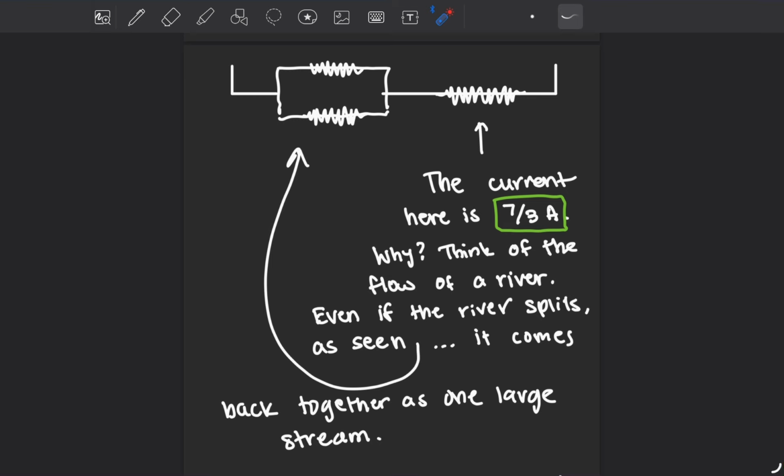I have this little analogy here of the flow of a river: it's going to split into two, but then it's going to join back into one current. Hence, this current going through here is the same current going through here, which is 7/3.